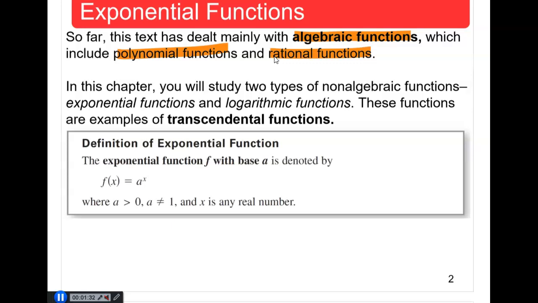In this chapter 3, which by the way has 5 sections, so we are going to have a test pretty soon, you will study 2 types of non-algebraic functions, and those 2 are exponential functions and logarithmic functions. We refer to these functions as transcendental functions.